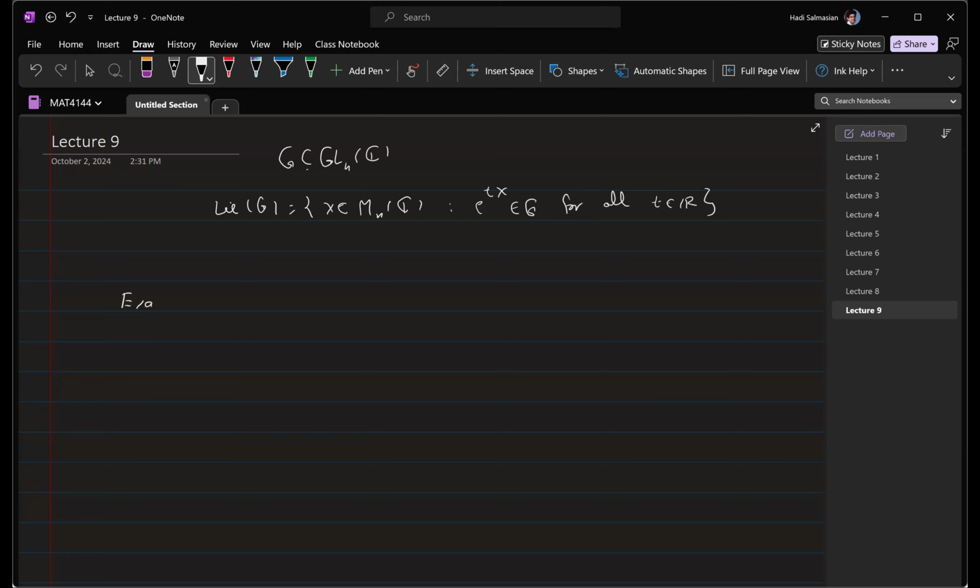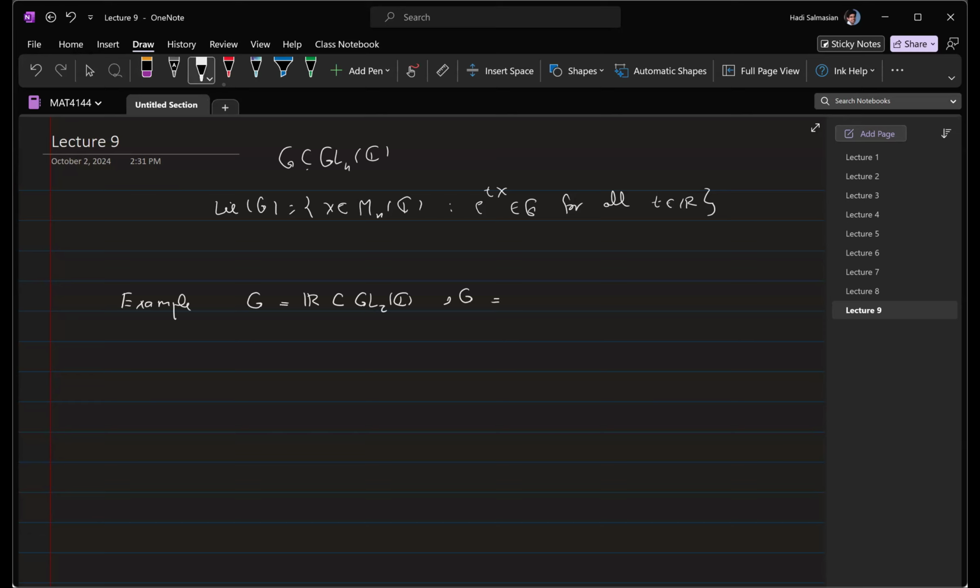The example would be, I take G to be R, but sitting inside GL_2(C).